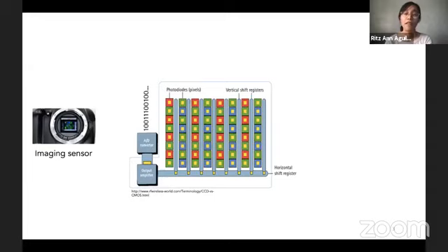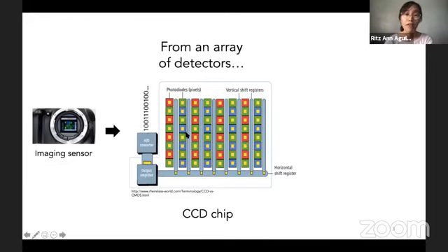So it's usually made of a CCD chip or a CMOS chip, and that looks like this. So it has RGB components, and usually they have a range from 1 megapixel to 24 megapixels nowadays. So it's made of an array of detectors, and there's an electrical circuit embedded within it that's converting the light signal to an electrical one. So that's usually how it works.